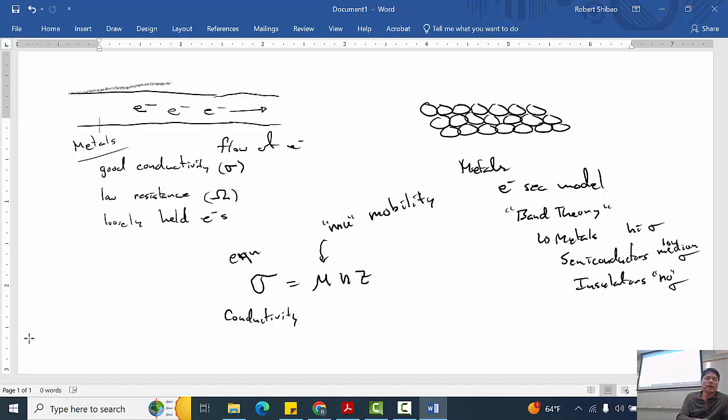And so that's going to impact the conductivity here, correct? Do you know what Z is? Z represents the charge. For example, the electron has a charge of -1. And N represents the number.